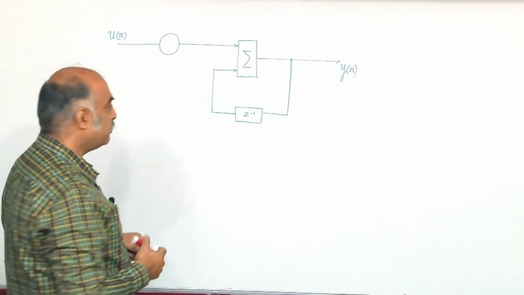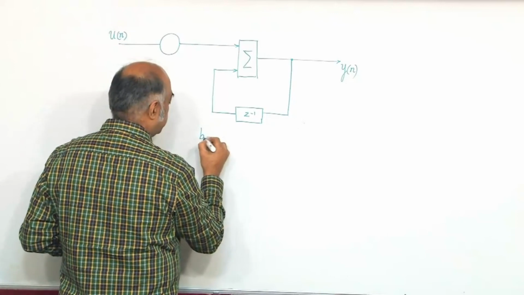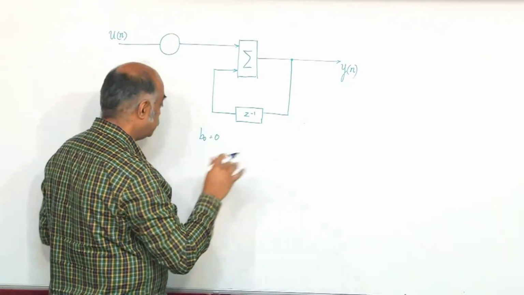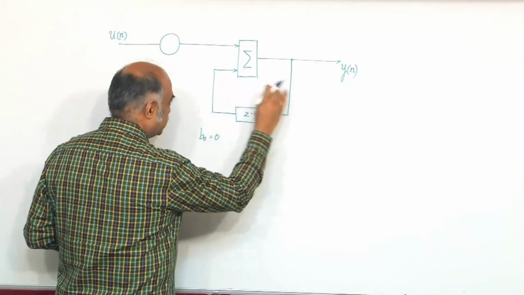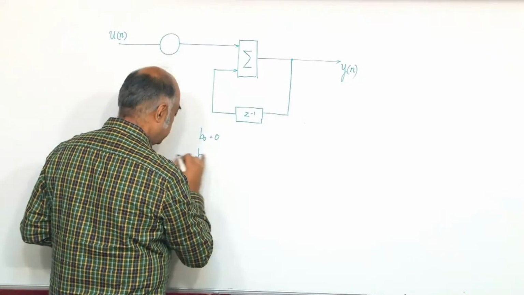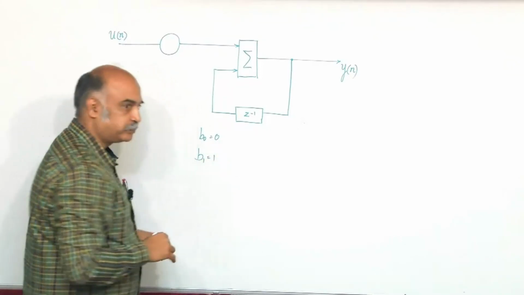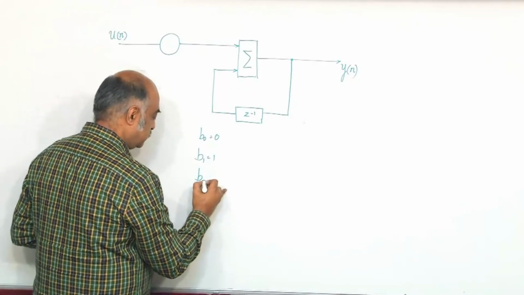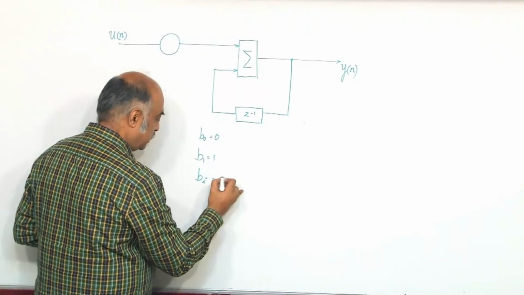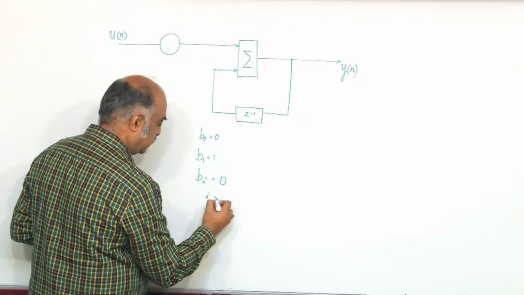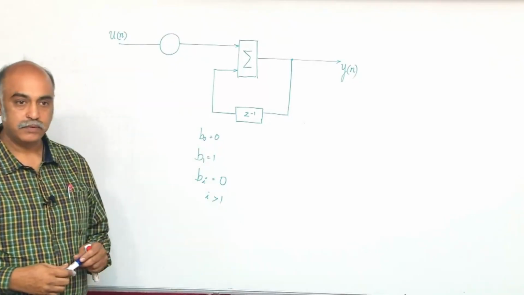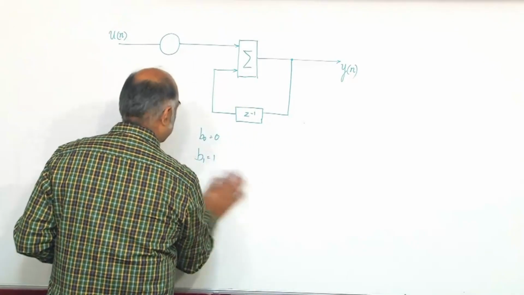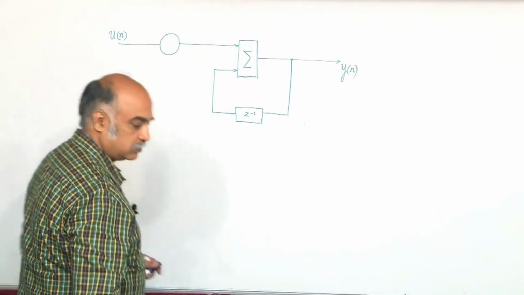I have made B0 equal to 0, of course, always in an IIR filter B0 is 0, the one which you have. So, that I am not at all considering, I just do not write that. B1 is 1, all other Bi's are 0 for i greater than 1, isn't it? So, it is an IIR filter, of course.